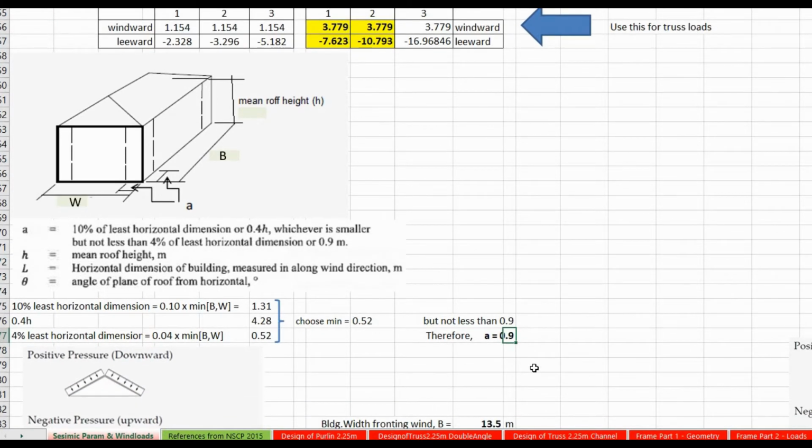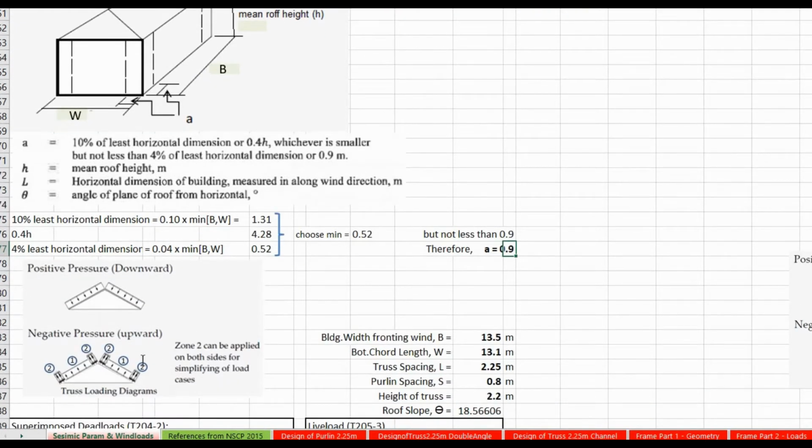Okay. Next. Ito naman ang ibig sabihin ng positive pressure. Ang ibig sabihin ng positive pressure is pushing towards the roof surface. Ang negative pressure naman, hinihila niya yung roof surface away. Okay?